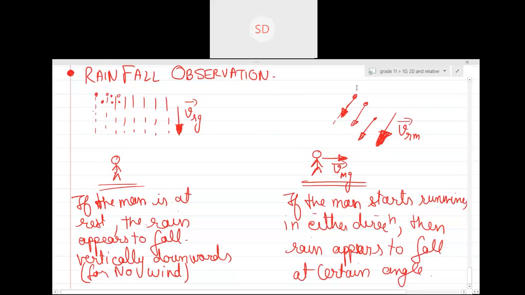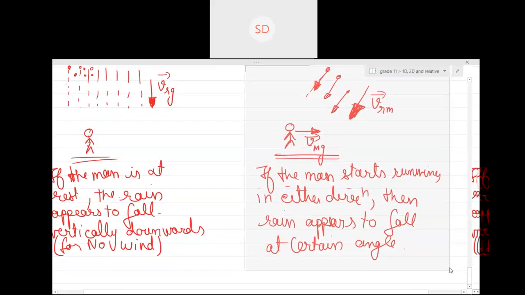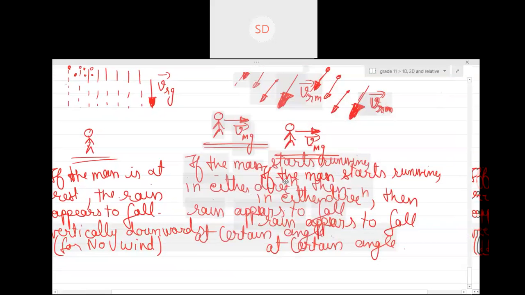So now we are going to do the mathematical analysis for this. What is the physics behind it?